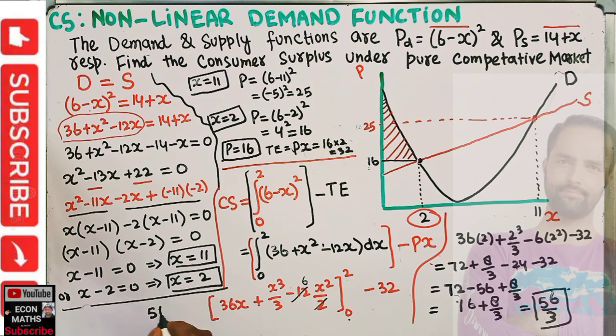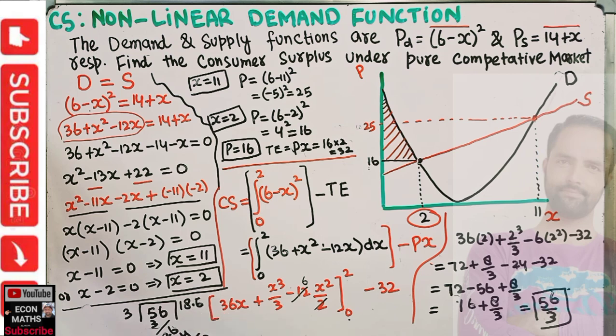We have 56 divided by 3. 3 ones are 3, 5 minus 3 is 2, bring down 6, we have 26. 3 8s are 24, so we are left with 2, decimal point, and 3 6s are 18.